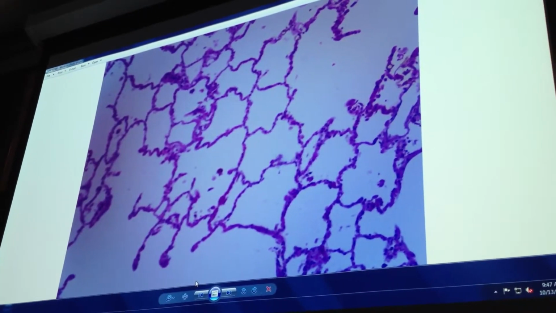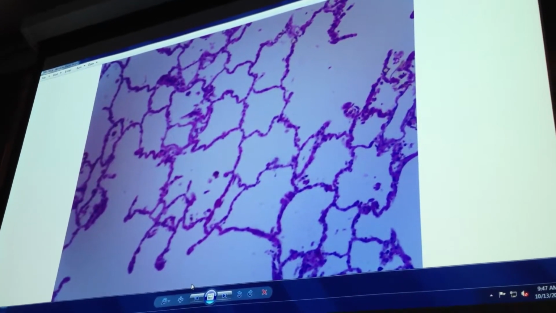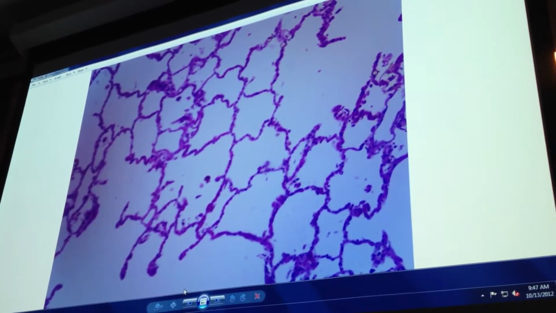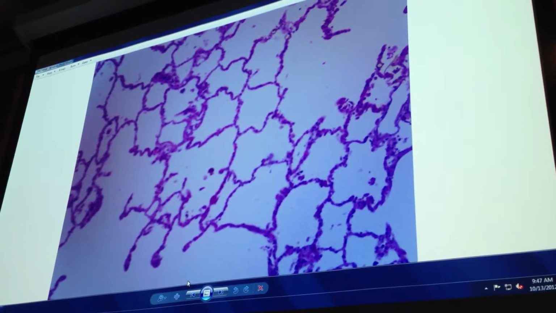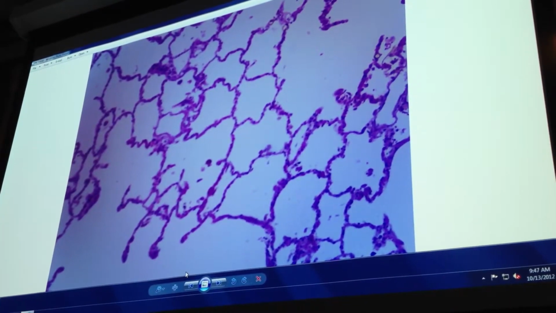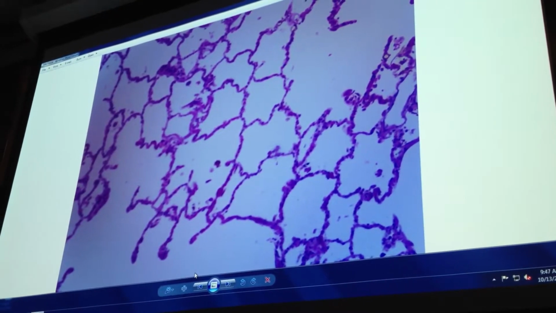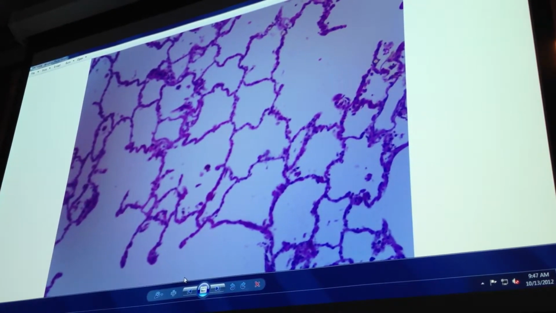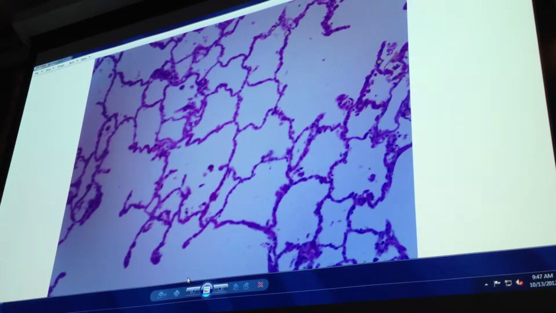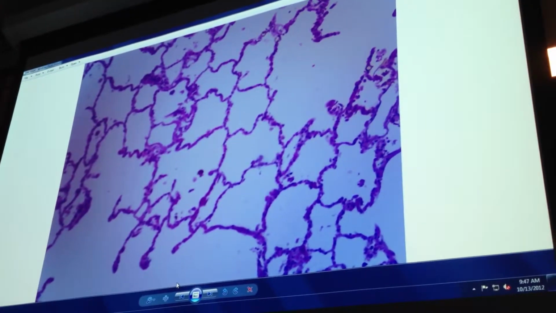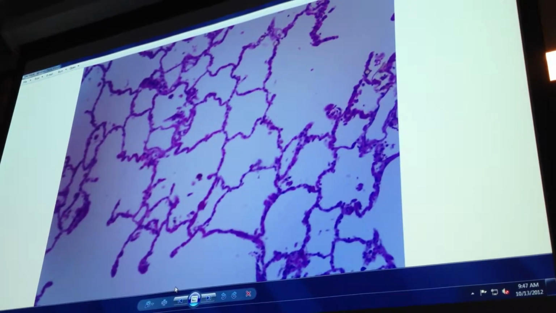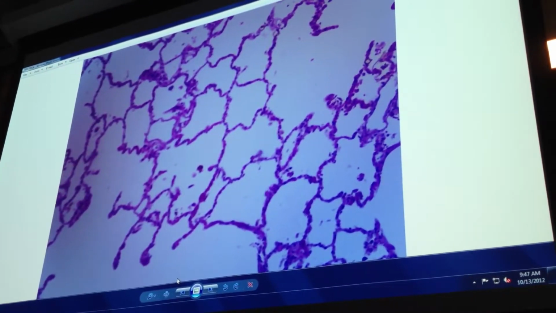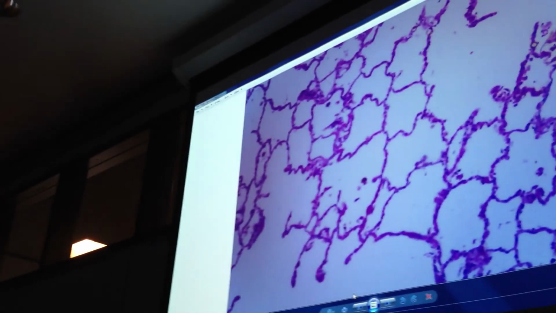What organ? And if you look in your lab manual on page 70, this looks suspiciously like the one that's on page 70, right?